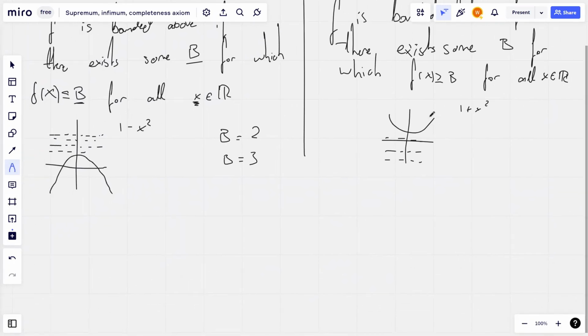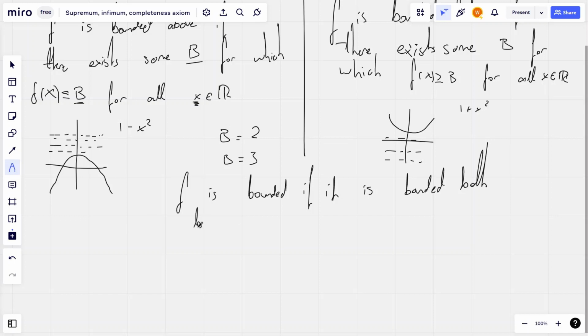And in general, we say that f is bounded if it is bounded both below and above.